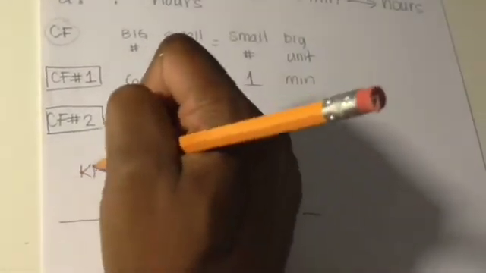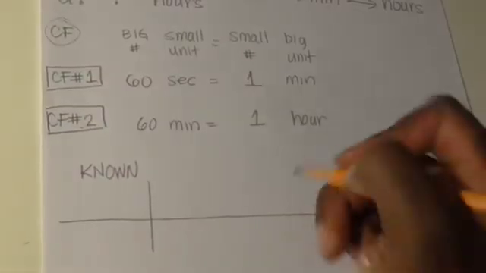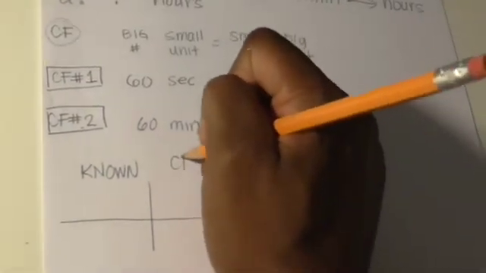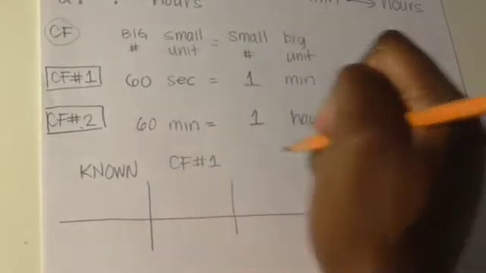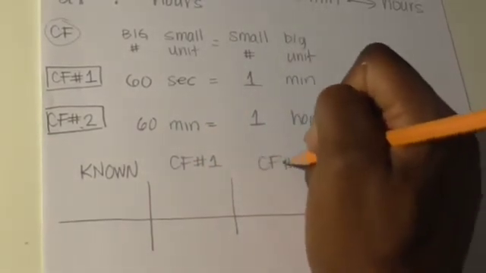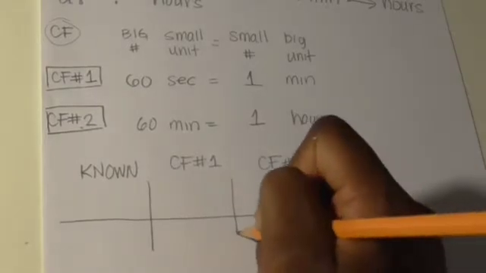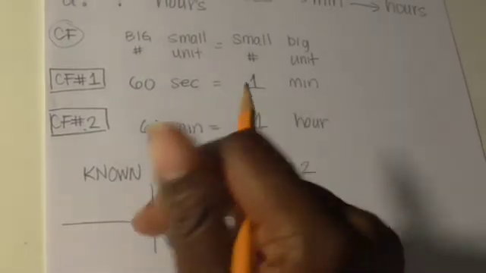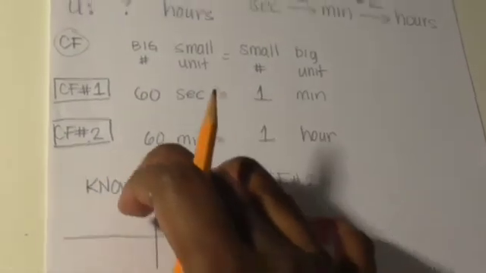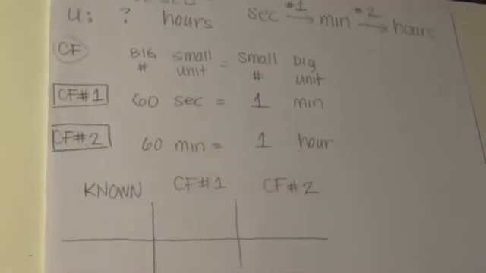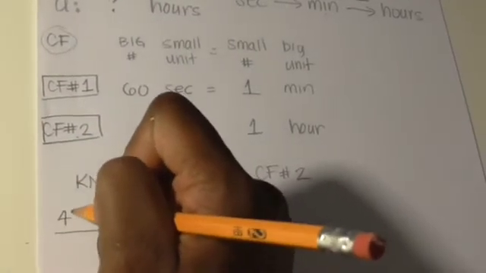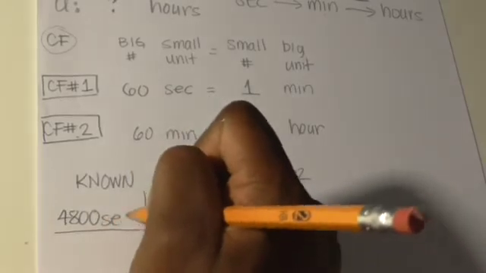Our first section is our known. Because we have 2 conversion factors, we know we're going to have 2 sections. So we have our known, which if we go all the way back to the top, was 4,800 seconds.